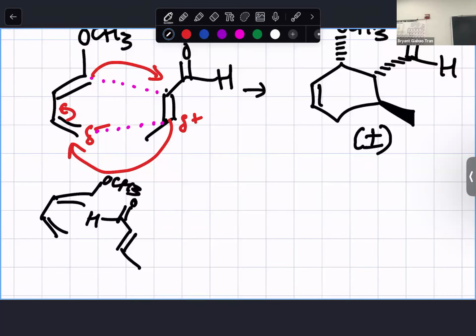So think of this as just flipped to the right like that, right? So what I mean by conserved is that this EWG or aldehyde here is trans to this R group there. Trans meaning that opposite side from the double bond, right? Which they are still opposite from each other right there.